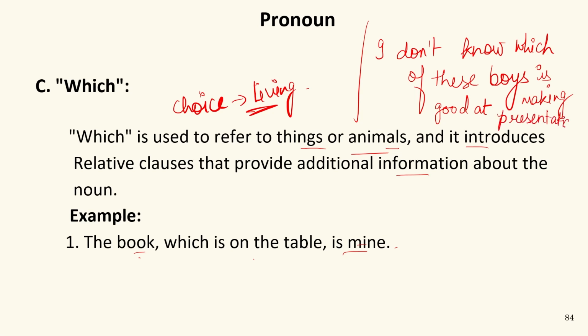Now, if we see this sentence, I don't know which of these boys is good at making presentations. So here I'm talking about the choice from these two boys, that one of them makes presentations well. But I don't know that particular boy. Who among these? Or who of these two boys? So I can use which even for living beings, just in case of choice.